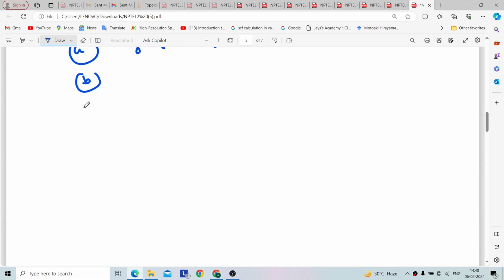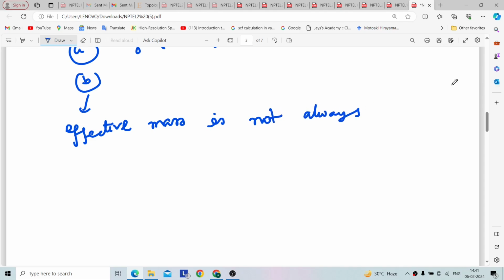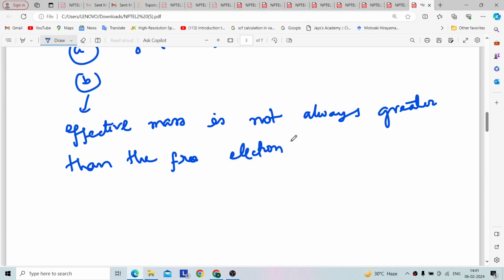But for this I can make a comment. Effective mass is not always greater than the free electron mass for all solids.